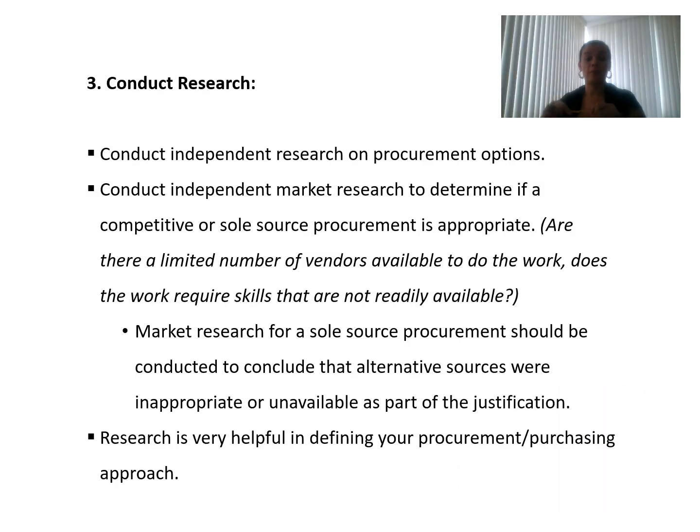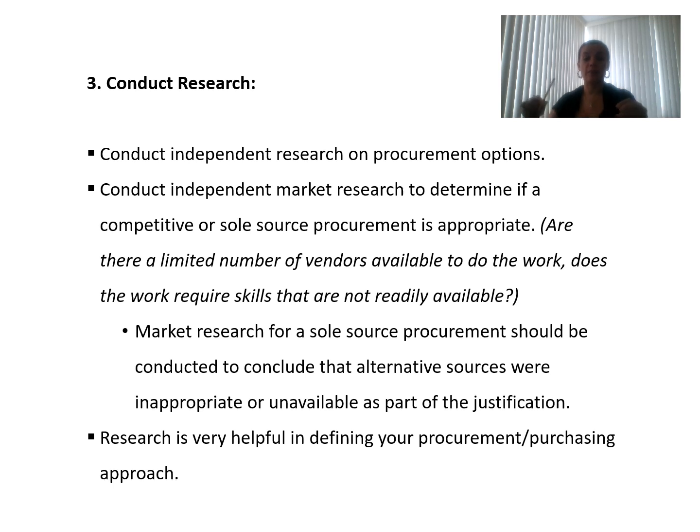In step number three, after you get the formal approval and stakeholder buy-in, you start to conduct the research. This is independent research on different procurement options. Independent market research will let you know if a competitive or sole source procurement is appropriate, how many vendors are available in the market, and if the work needs special skills that are not available.